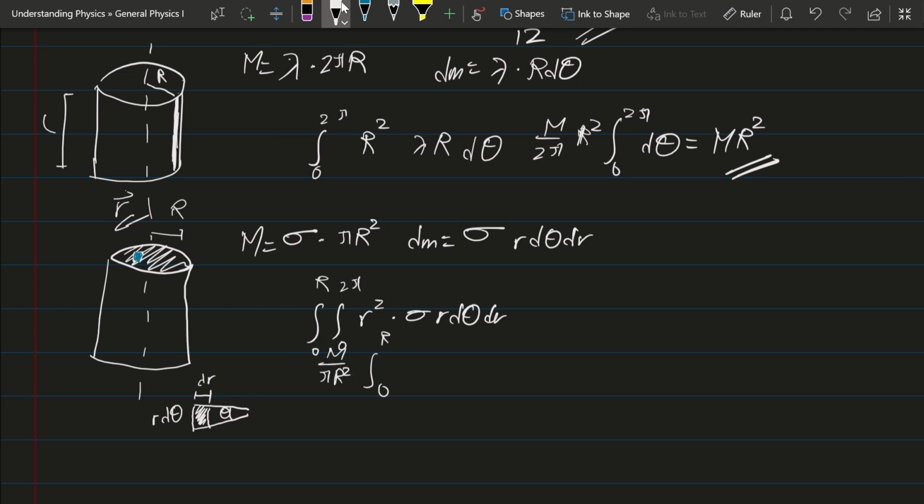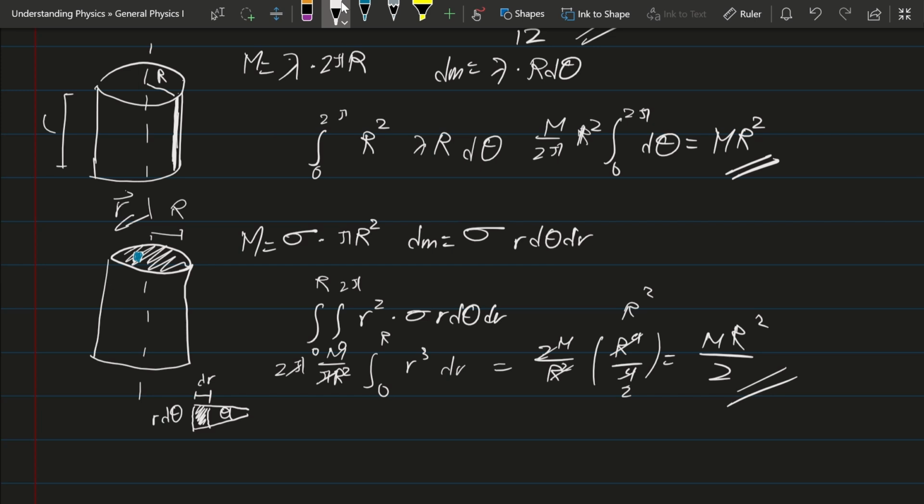So we could just put that sigma out, and inside there will be an r cubed. The d theta will later contribute to a 2 pi dr. So it will cancel out the pi, and so doing this again, this will be 2m over r squared by the integral, r to the power 4 over 4, which will be r squared over 2. So this will be m r squared over 2. And that's the moment of inertia for a disk or a solid cylinder.